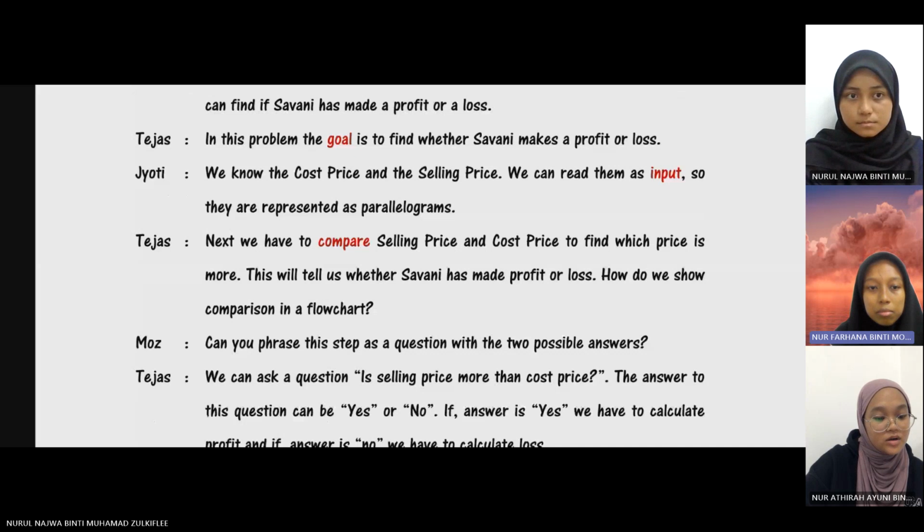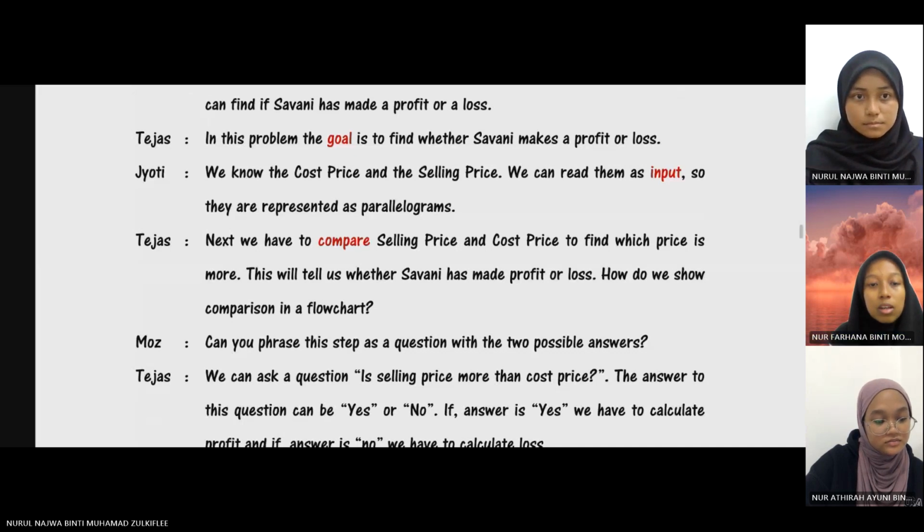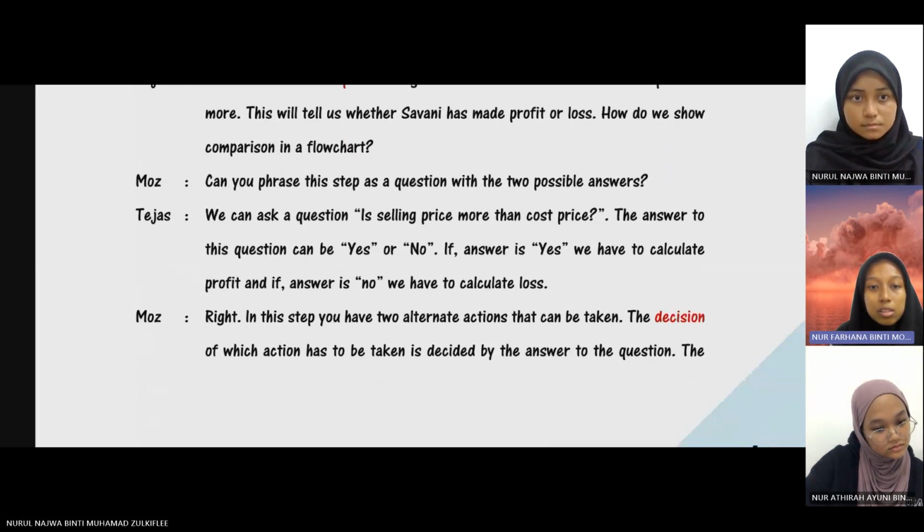How do we show comparison in a flowchart? Can you phrase this step as a question with the possible answer? We can ask the question, is selling price more than cost price? The answer to this question can be yes or no. If the answer is yes, we have to calculate profit. And if the answer is no, we have to calculate loss.